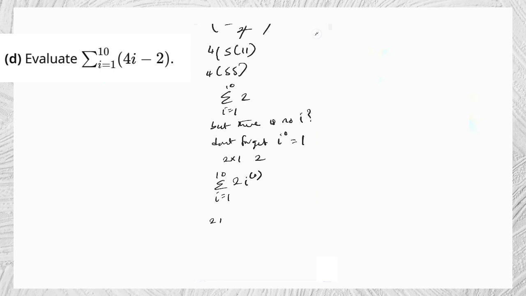And you realize that when you do that, you're going to end up with 2 in 10 places, since 1 raised to power 0 is 1, 2 raised to power 0 is 1, 3 raised to power 0 is 1. So that will be 2 plus 2 plus 2 plus 2 plus 2 like that until you end up with 20.